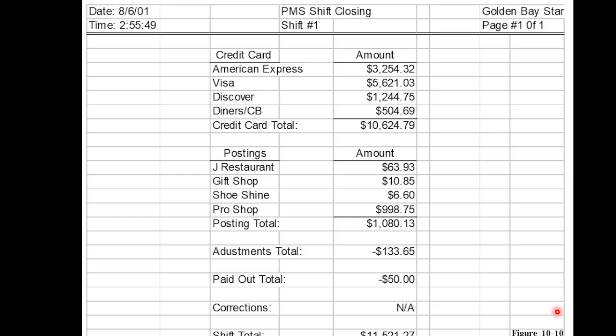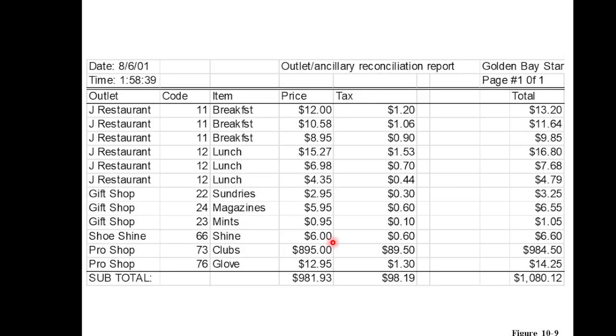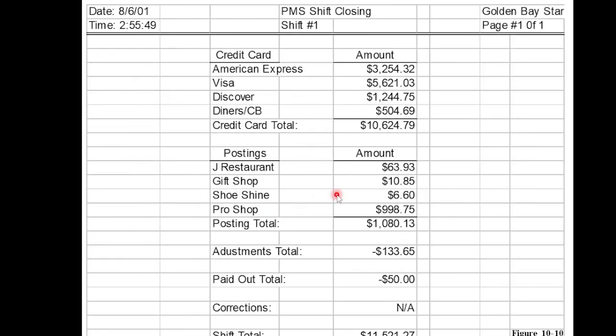We have $63.93. This comes from the previous slides that we had. Okay, so all you need to do is add and then check this one on your final posting PMS. So you can see $63 for gift shop. We have another total, and then shoe shine another total. Pro Shop we have another total, and the posting total of $1,080.13.